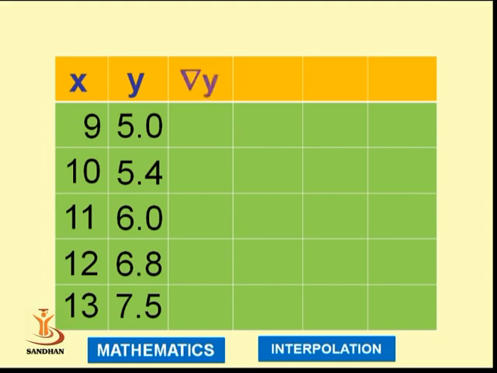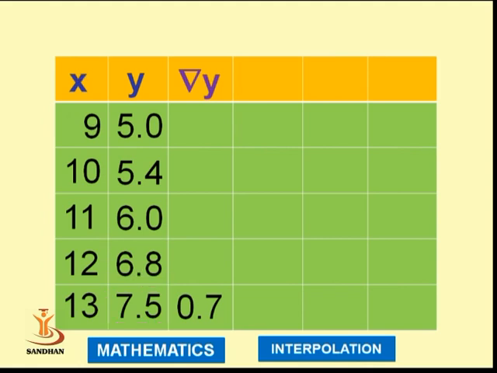First and foremost, let us compute the first order difference, nabla y. We begin computing at the bottom, or the rear end. So nabla y5 is given by y5 minus y4, which is 7.5 minus 6.8, which is 0.7.